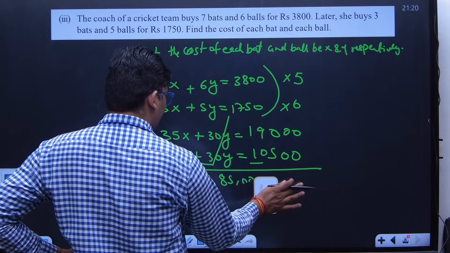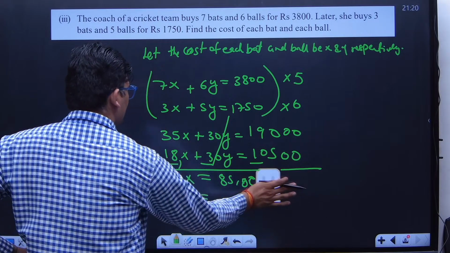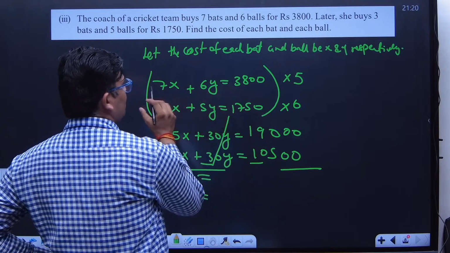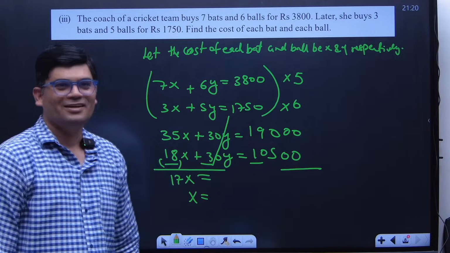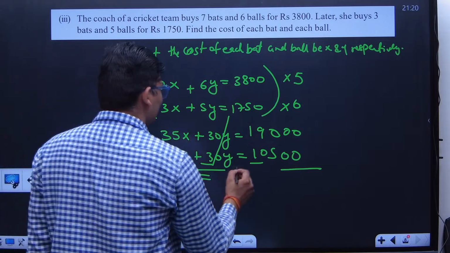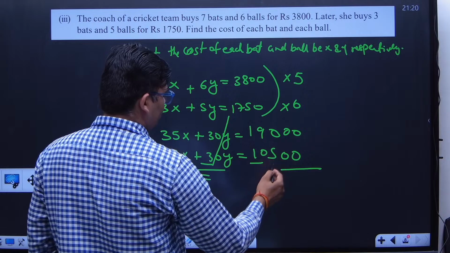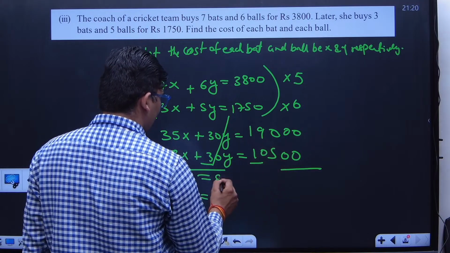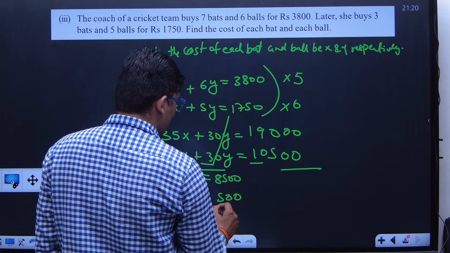So it should be 8,500. See, if the cost became 5,000, how can you buy 7 bats and this will become 3,800? It's not possible. Okay, so we made some mistake. So if we subtract 10,500 from 19,000, we get 8,500. So the cost of each bat is 500.